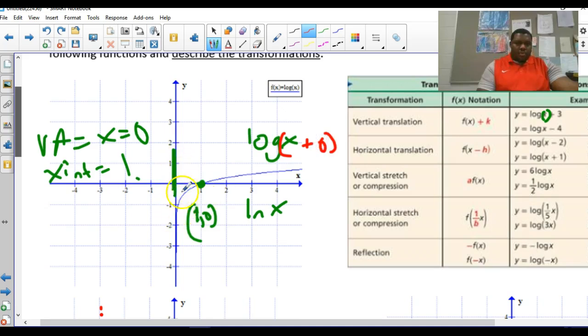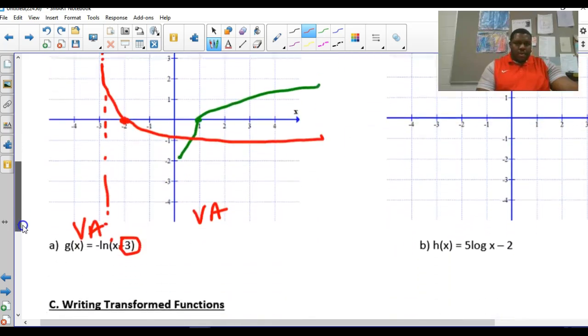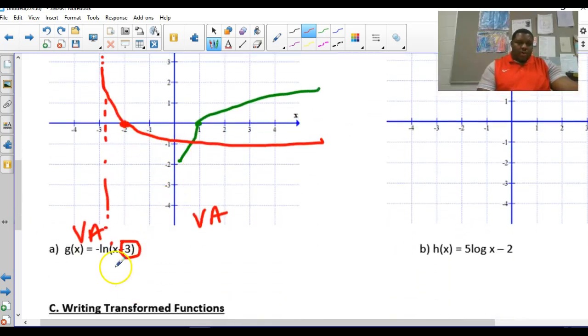That's your vertical asymptote. Here, I went over plus 3 or left 3, so my asymptote is x equals negative 3. It won't go past that. If you made the table in your calculator, it will never go past the negative 3 value for x.